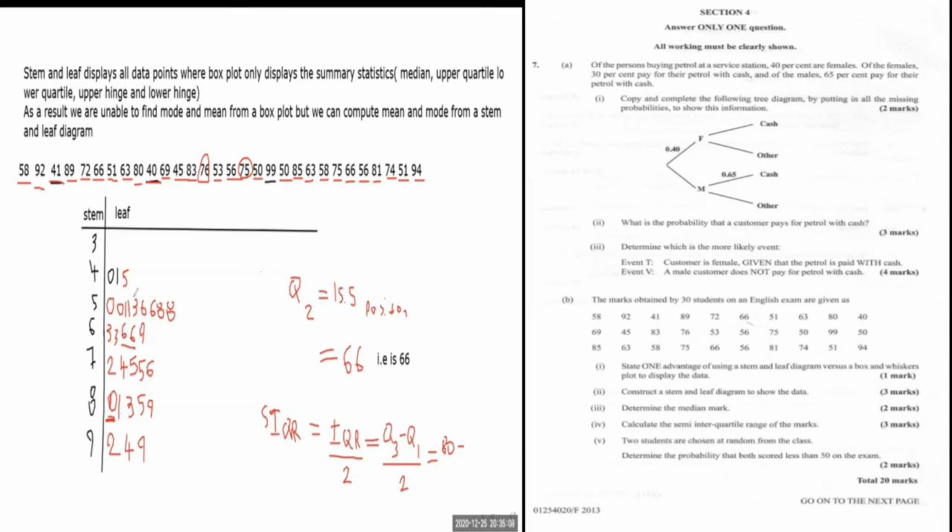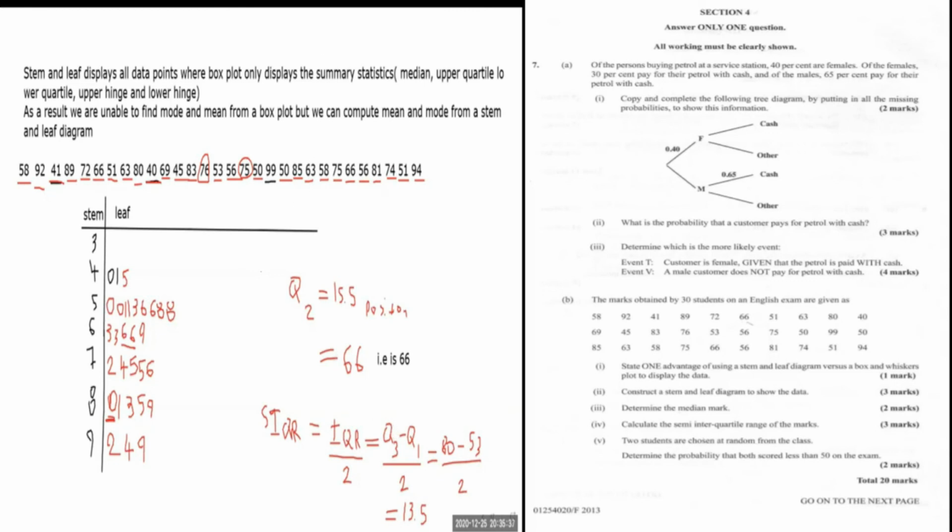So this is what I'm getting for Q1. Q1 is 53. So the semi-interquartile range is 80 minus 53 over 2. So what is the semi-interquartile range? The semi-interquartile range is 80 minus 53 divided by 2, which is 13.5. That's the semi-interquartile range.